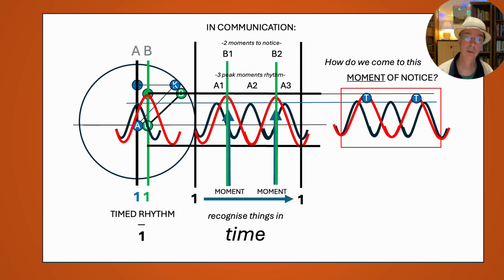So you are going to find the matches between my rhythm, which basically is a rhythm of 3, and your rhythm, which here basically is presented as a rhythm of 2. And how many moments will I have as notice? Will I have 3 moments of notice plus 2?